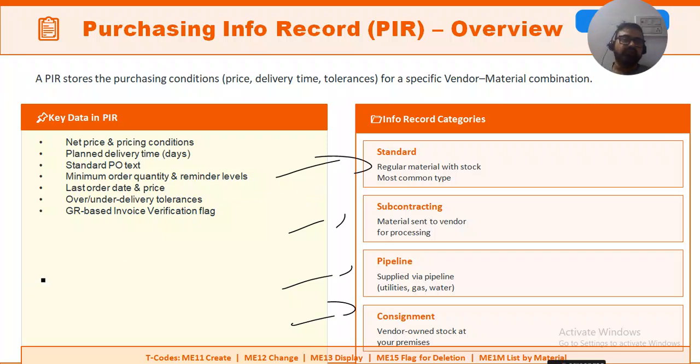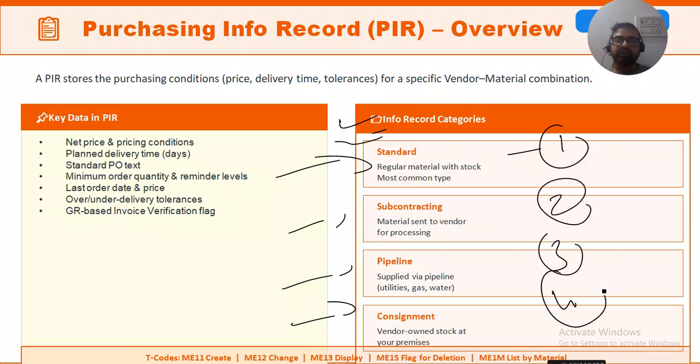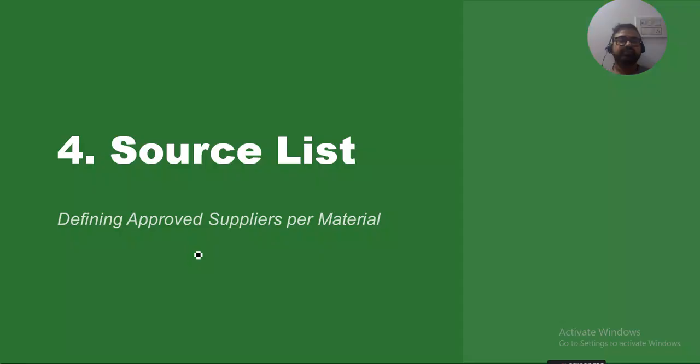But this is a very important question: how many types of info record? If the interviewer asks you, you can just say 1 standard, 2, 3, and 4. Basically in the standard info record, we can put the material and vendor related details over here, right?